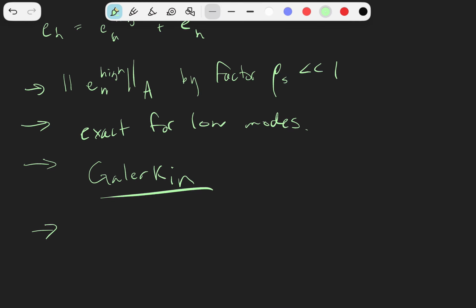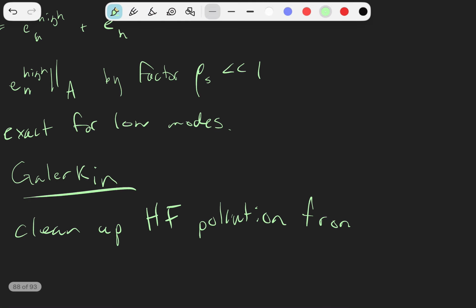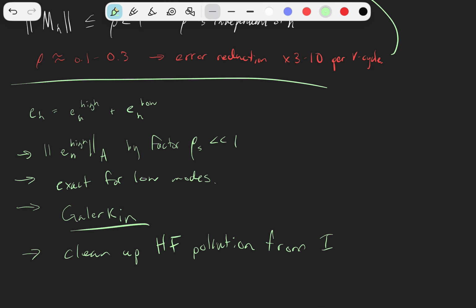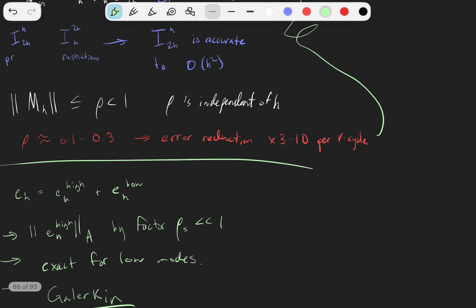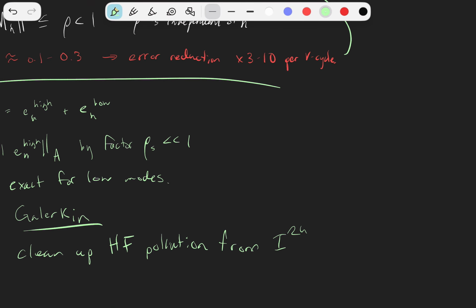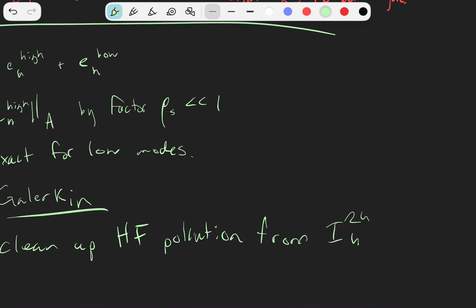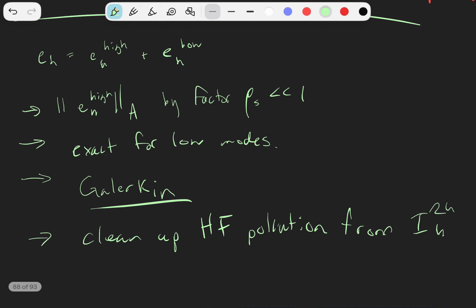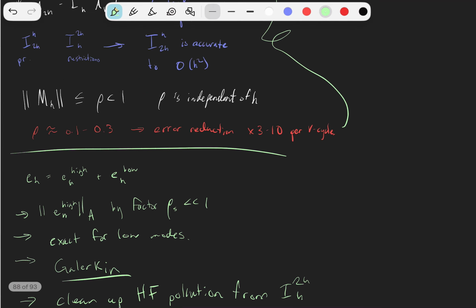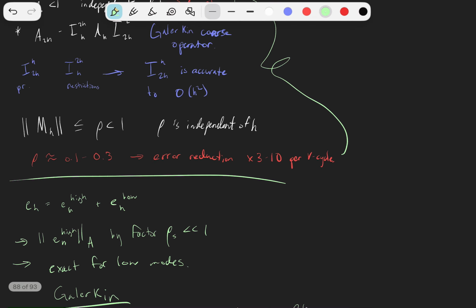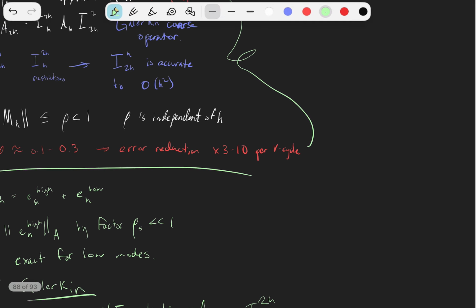And then the last thing is the post-smoothing, after we smooth it and clean up any remaining high frequency pollution from the prolongation operator. So this comes from being at 2h, going down to h and interpolating, and then cleaning that up. The post-smoothing will then yield a contraction factor that's bounded away from 1 and independent of h, and then you can prove the theorem. So that's roughly what it looks like.